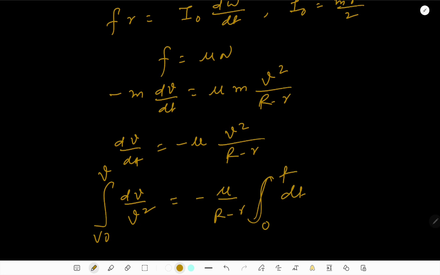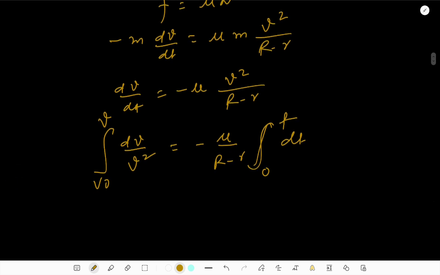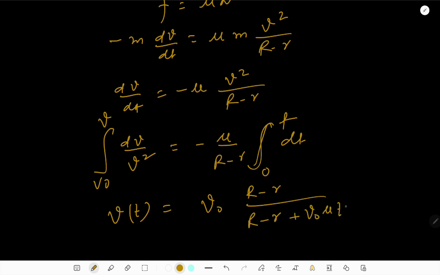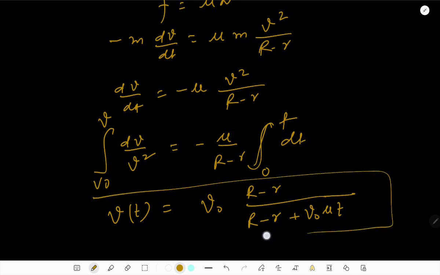So we can get the velocity in terms of time. Velocity is a function of time, and I got it earlier: v equals v naught (R minus r) divided by (R minus r plus v naught mu t). This is the velocity at any time t when the hoop is slipping.